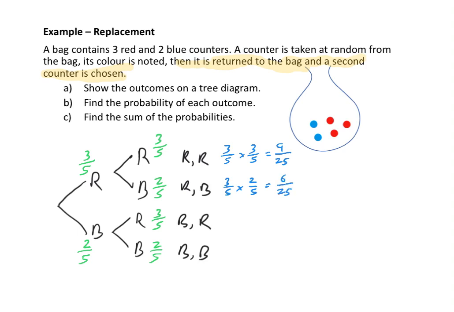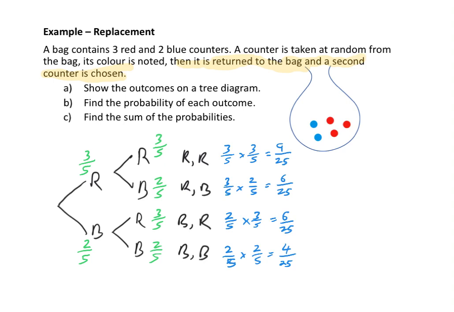Probability of a blue and a red is 2 over 5 times 3 over 5, so equals 6 over 25. And the probability of getting a blue and a blue is 2 over 5 times 2 over 5, which equals 4 over 25. So the probability of each of my outcomes has been worked out.